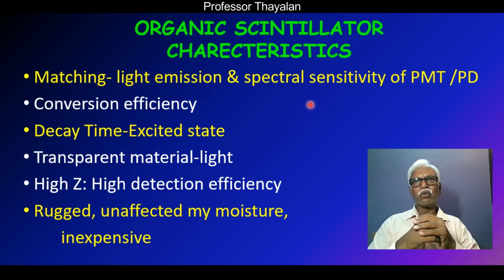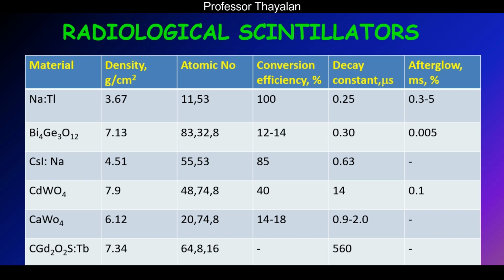This table tells you about the radiological scintillators, that is, the scintillator materials used in radiology. In the first column you see sodium iodide with thallium, bismuth germanate, cesium iodide, cadmium tungstate, calcium tungstate and gadolinium oxysulfide. These are the various densities of the detectors, atomic number, conversion efficiency and decay constant in microseconds.